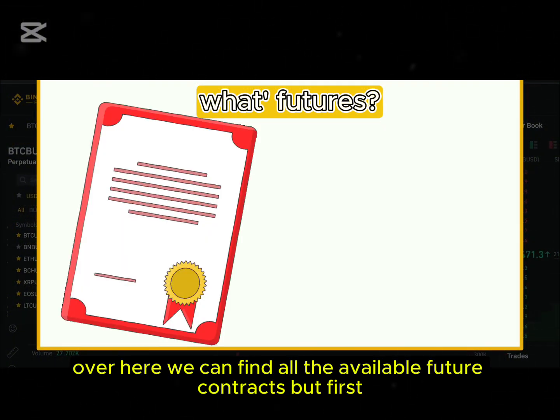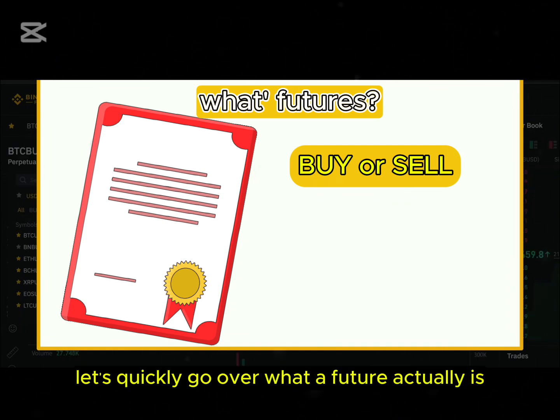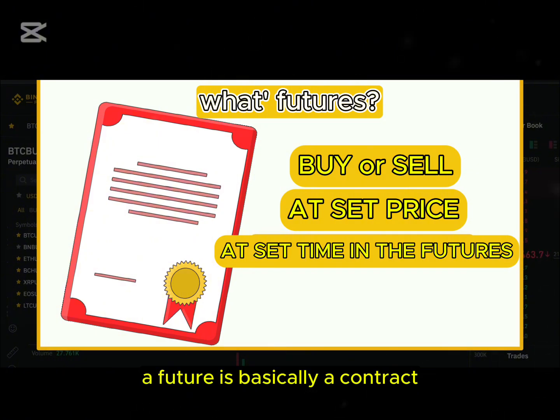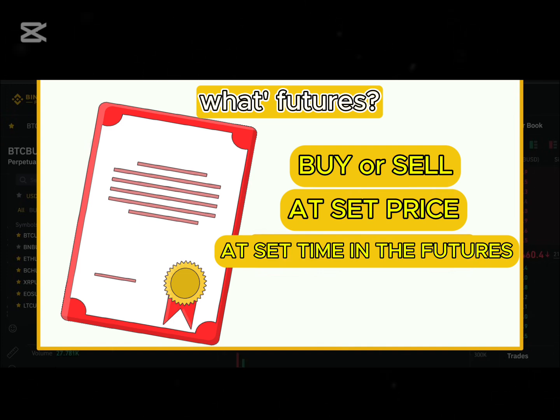Over here we can find all the available futures contracts, but first, let's quickly go over what a future actually is. A future is basically a contract, saying that we will buy or sell a specific asset at a set price at a specific time in the future.